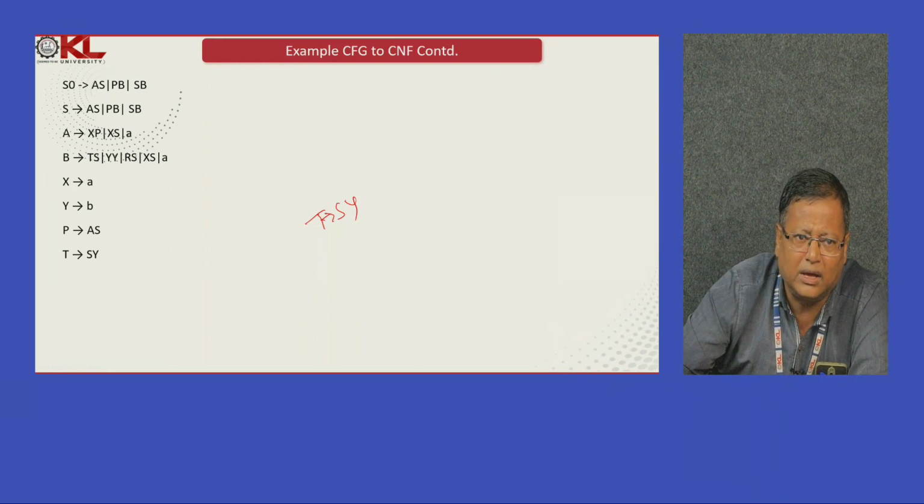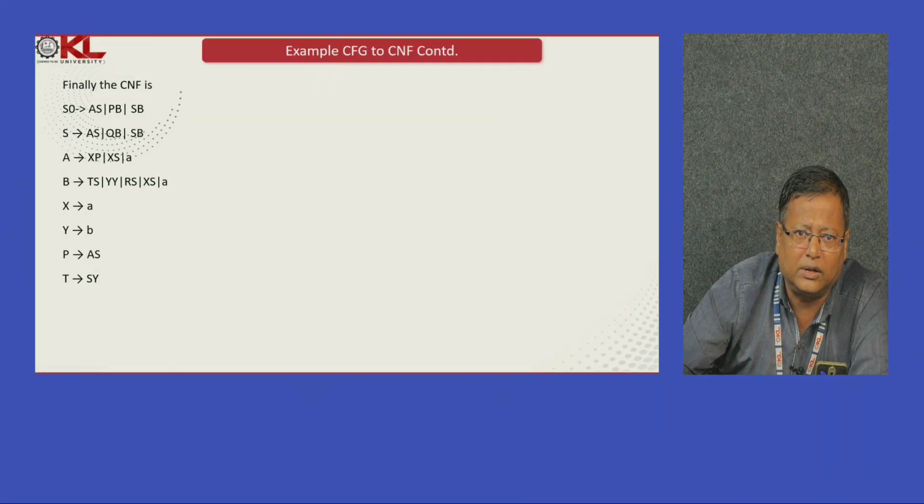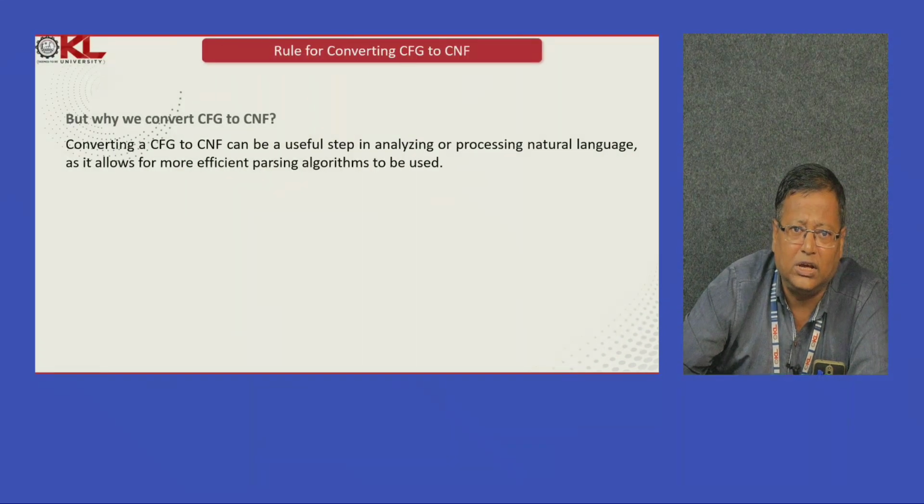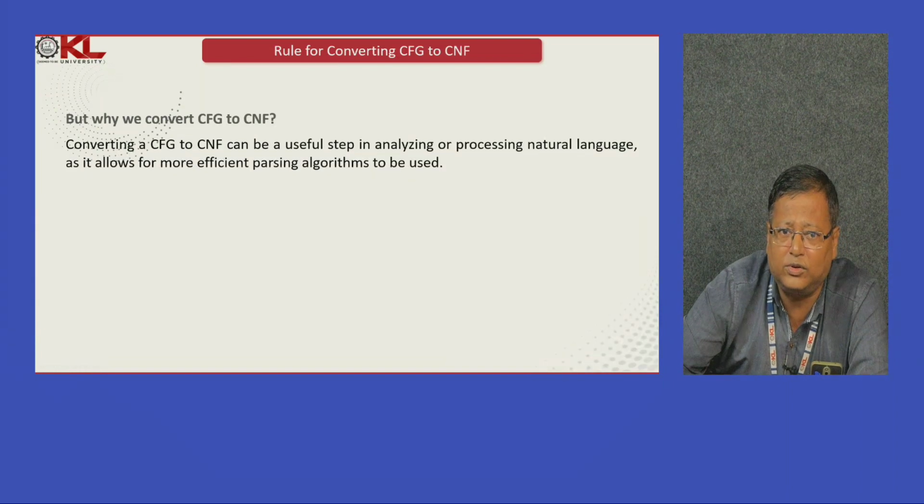Finally we convert CFG to CNF by removing the useless symbols, null productions and unit productions. Next the final production is written here. But why do we convert the CFG to CNF, what is the need?